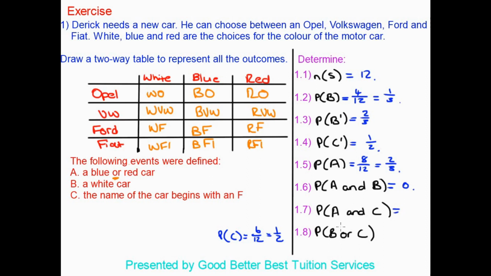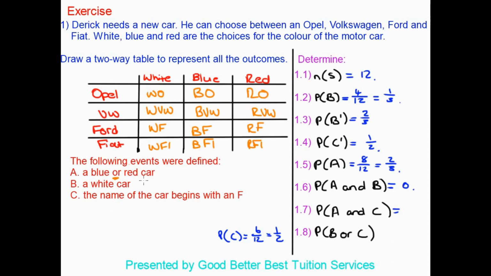However, now looking at the probability of A and C, event A, remember, is a blue or red car, and the probability of C is the name of the car begins with an F. So what that means is that we need to consider, when it comes to the events not being mutually exclusive, let's combine the rules now.